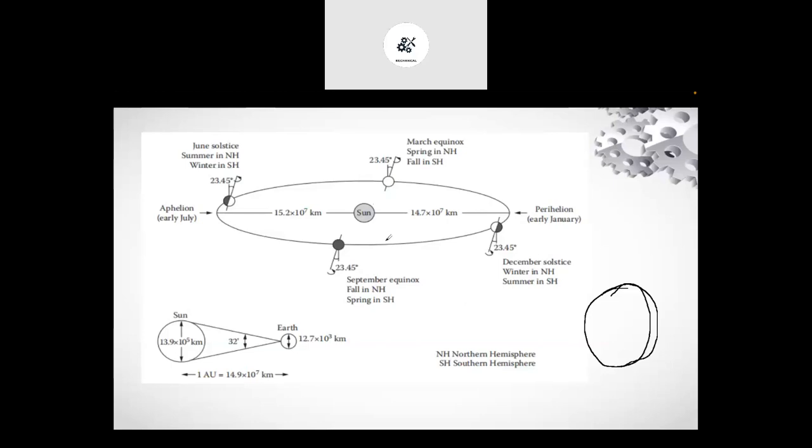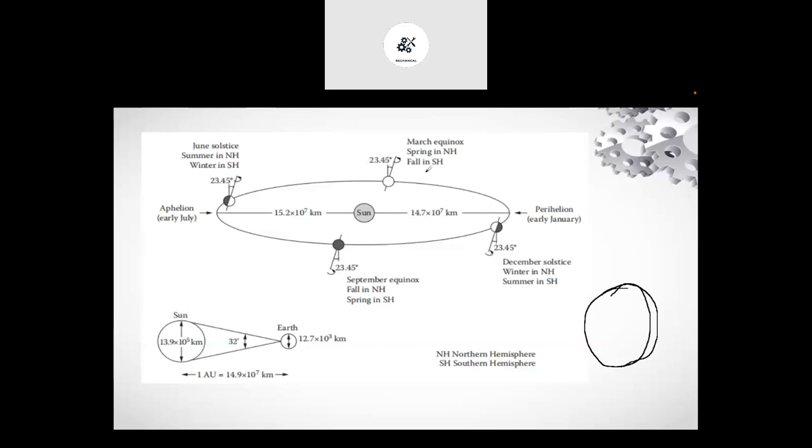Okay, now for that you must know the geometrical relationship between the sun and earth. Okay, as we know, the earth is revolving around the sun in a fixed path, or a fixed orbit, and it also rotates around its own axis.